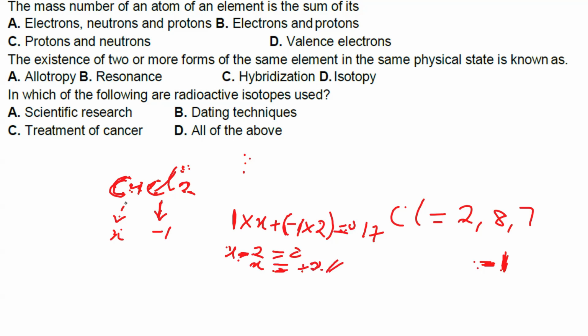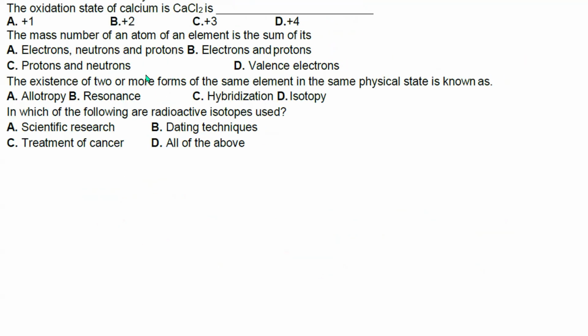Therefore the oxidation number of calcium is plus 2. Let's look at the answers closely. We have plus 2, so based on that, our answer is option B.